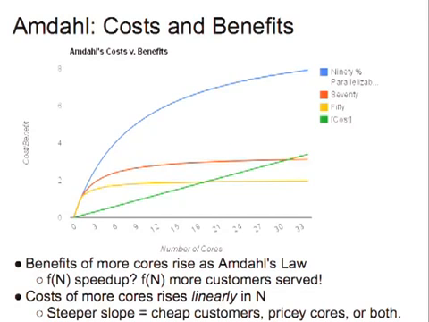So let's assume we lump in a proportional rate between how fast we can go and how much we're paying, such that this y-axis here is now some unitless comparator between how much we're paying and how much we're earning. If we get a higher speed up, that's good. We get more revenue. If we get more cores, not only do we get a higher speed up, we also get higher costs, however.